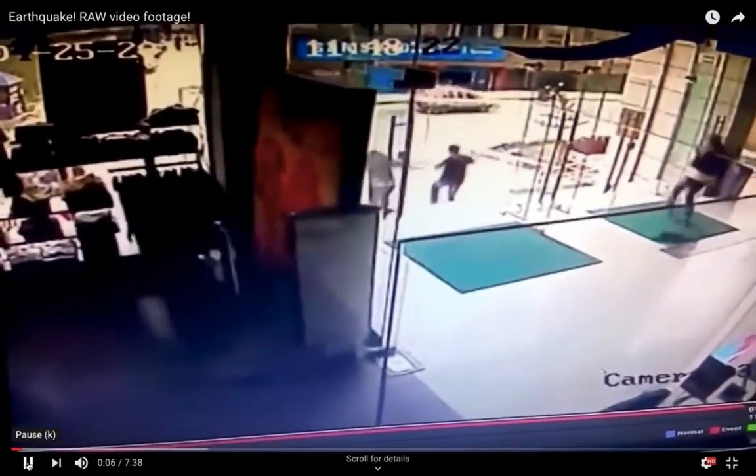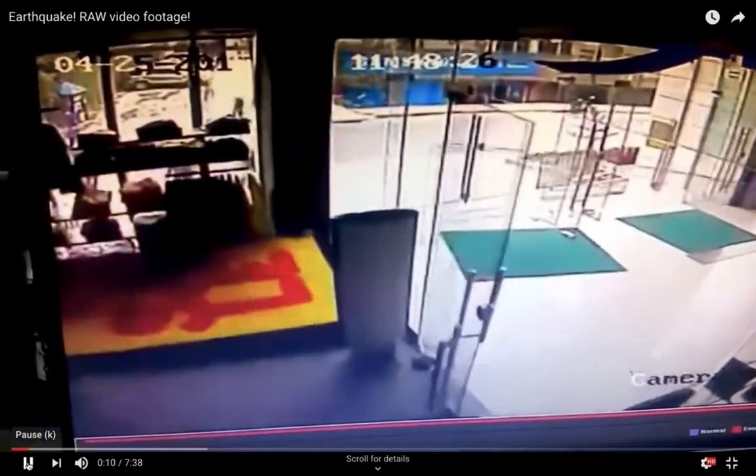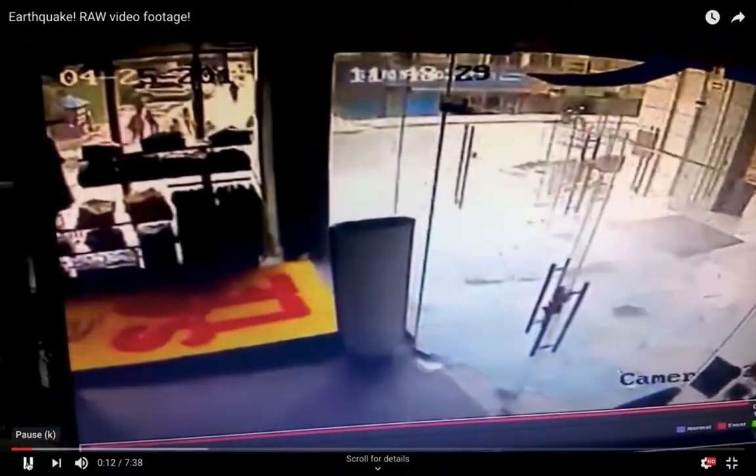The surface waves are what's causing that. You're going to see the roof collapse. The mall.